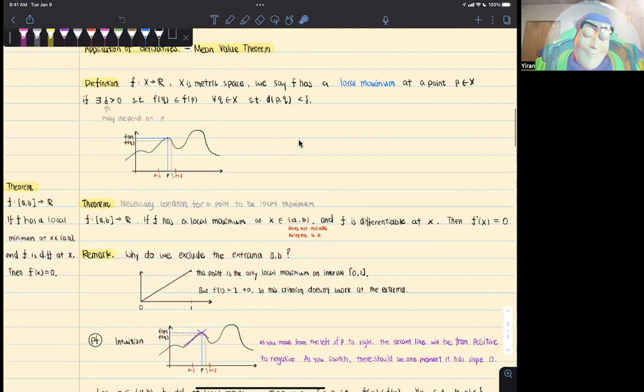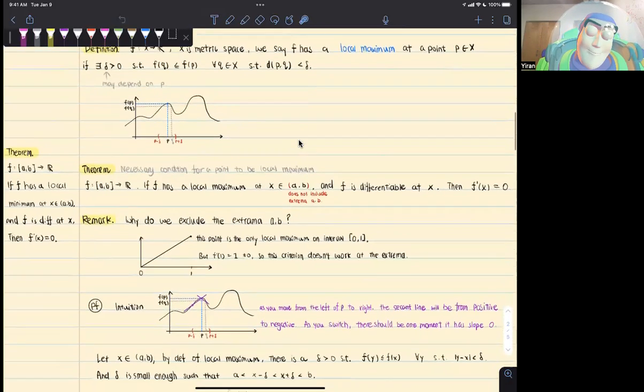Okay, after introducing the definition for local maximum, this is a very important theorem, and it's short and sweet. It is the necessary condition for a point to be a local maximum. Basically, it tells us that if you know a function has a local maximum, what kind of property can you infer? So f is defined this way.